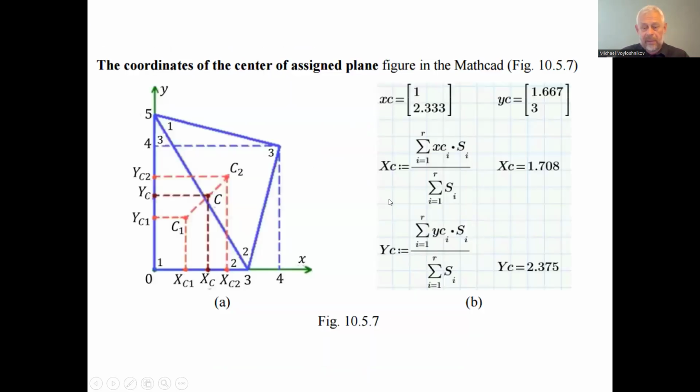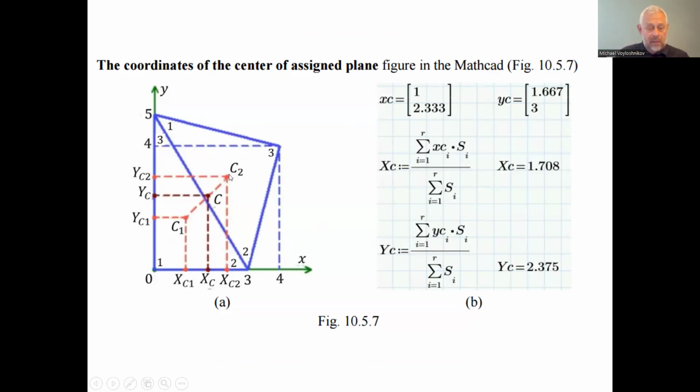And the final result is having two vectors: for the first one, the abscissa of the center of the area of the first triangle, this is XC1, and for the second triangle, XC2. For the ordinate we have YC1, YC2.